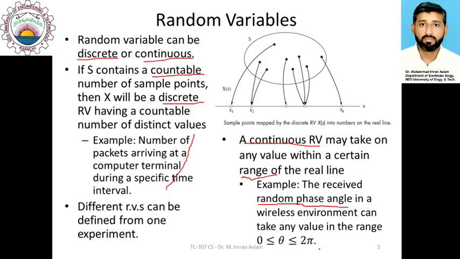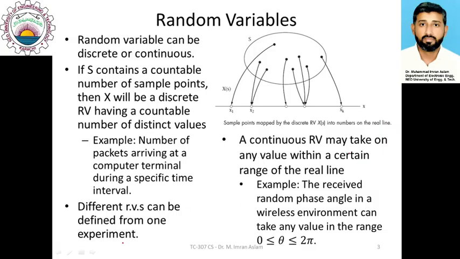Typically the received phase angle is random, and it can take any value between 0 and 2 pi. So it is a continuous random variable, because between 0 and 2 pi there are infinitely many possible values, and those values occur continuously. So the random variable associated with that event is defined as a continuous random variable.